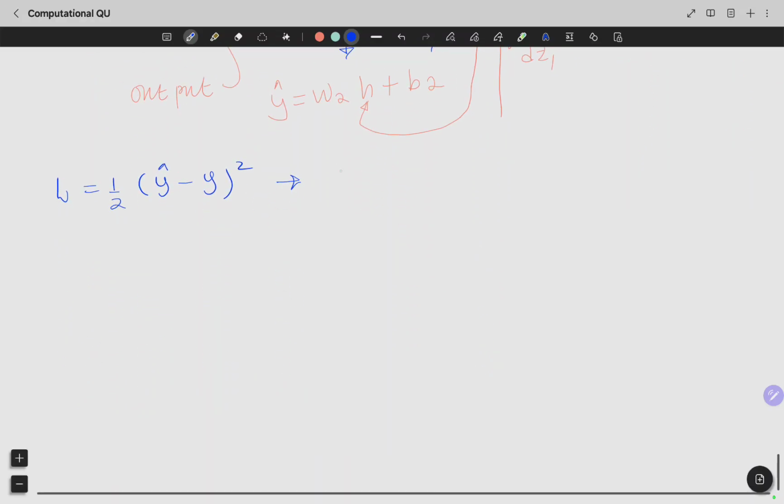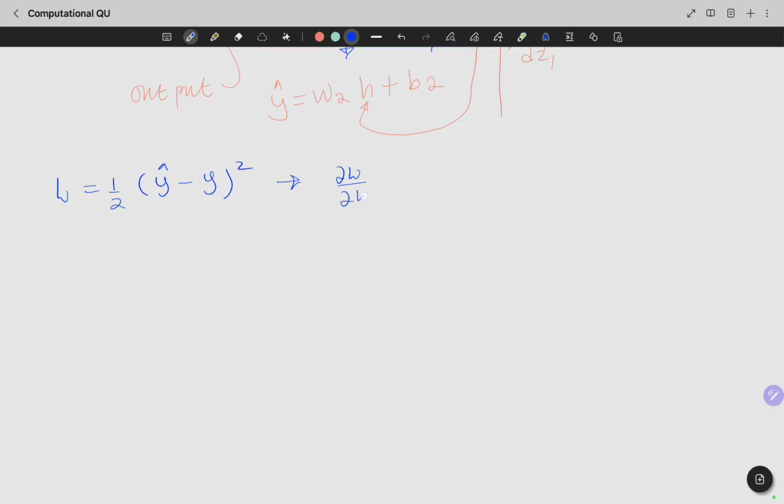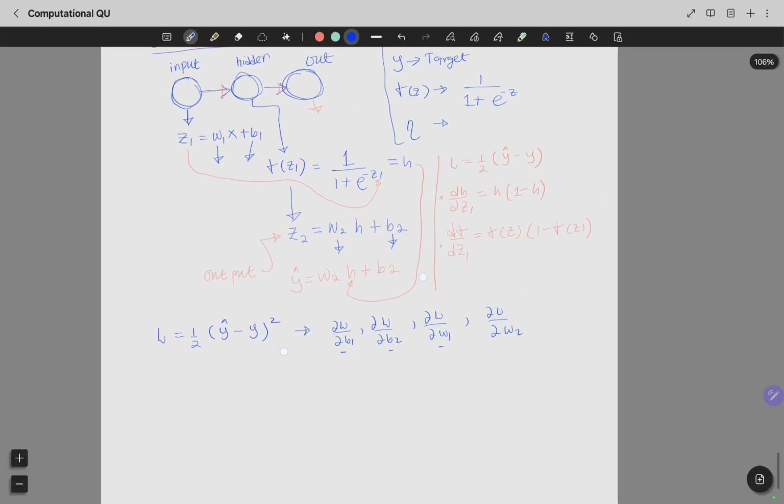This means you need dL by db1, dL by db2, dL by d omega 1 for the first layer, the hidden layer, and dL by d omega 2. And you can get this using the chain rule like I explained.